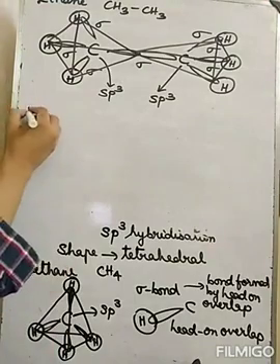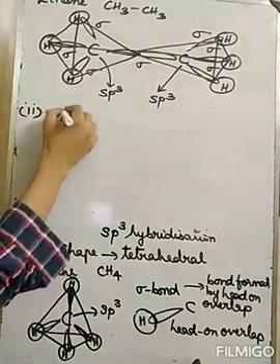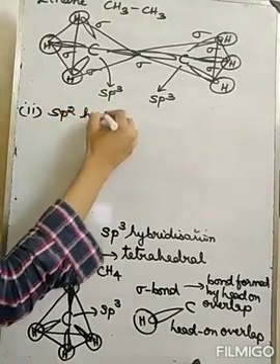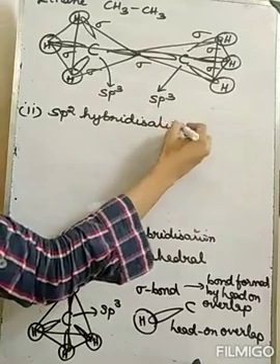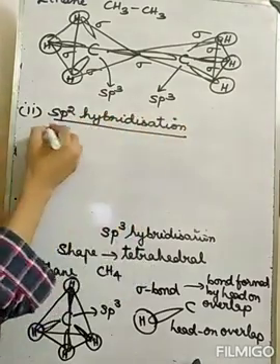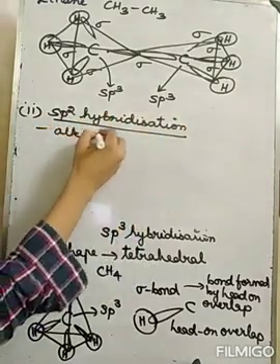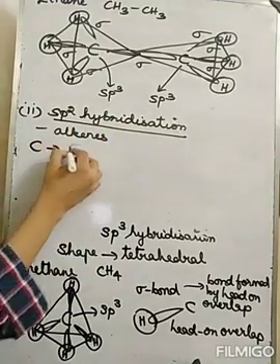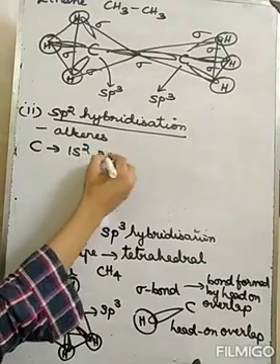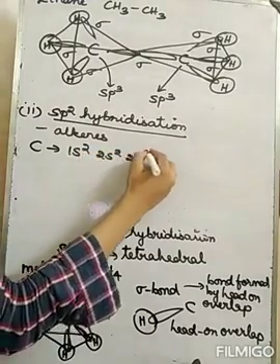Okay, so the next one is sp2 hybridization. sp2 hybridization is seen in alkenes. As you know, the carbon's electronic configuration is 1s2, 2s2, 2p2.